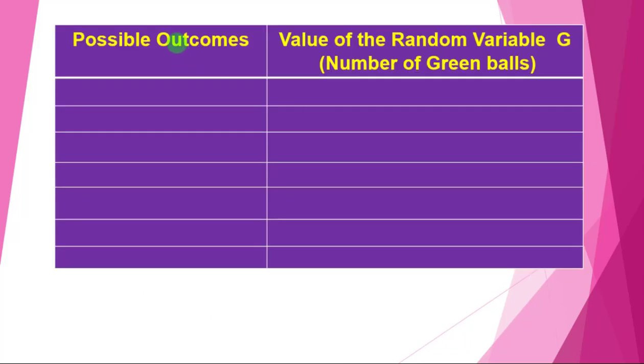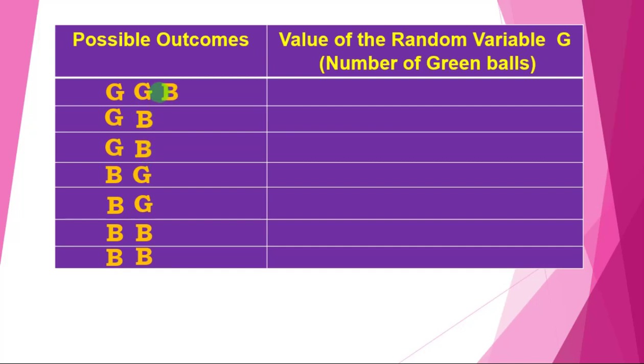So we have the column for possible outcomes, and we have the value of the random variable G, the number of green balls. Let's concentrate first on the possible outcomes. According to our tree diagram earlier, we have GGB, GBG, GBB, BGG, BGB, BBG, and finally BBB.